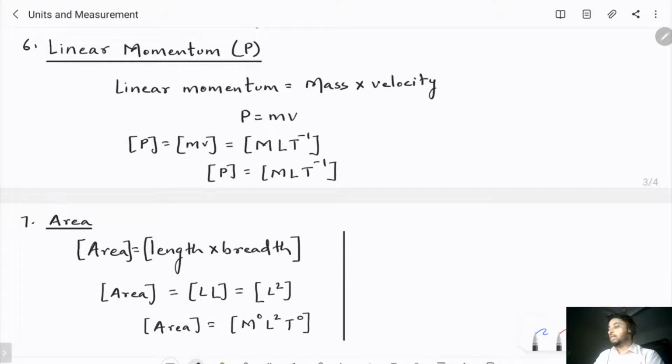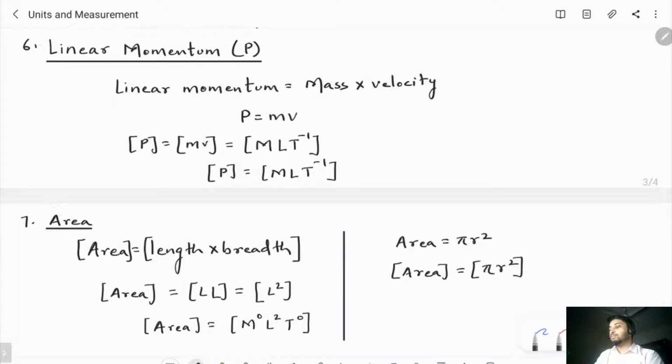For example, area of a circle. If we take, area of a circle is pi r square. So the dimensional formula for area will be same as that of pi r square. Now the thing is that pi is a mathematical constant.